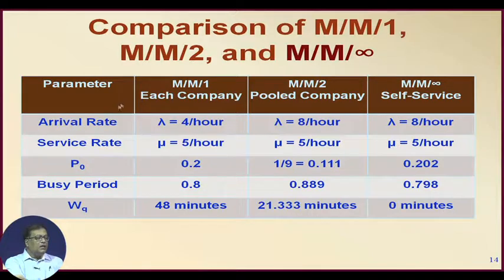So, that really shows the comparison: if the two companies merge and serve together, they can definitely give a much better service, because when one is free the other may be utilized. So, they can take the load of the other one during their free period, and that is how the pooling of resources happens.